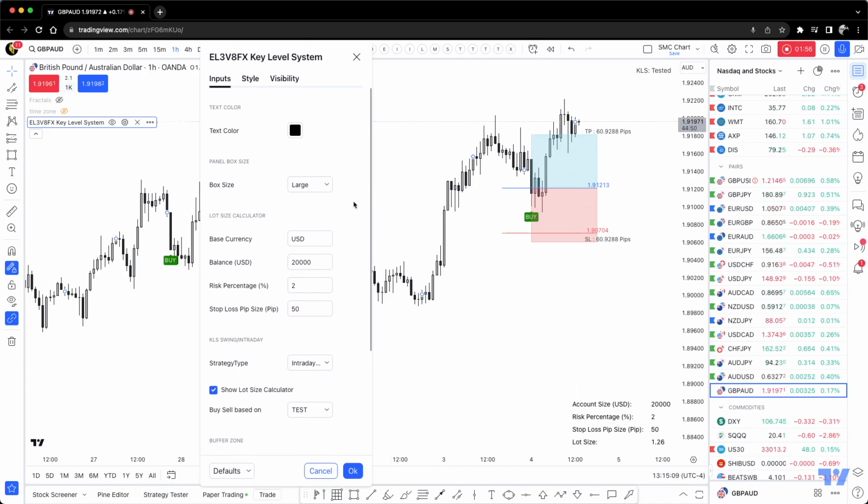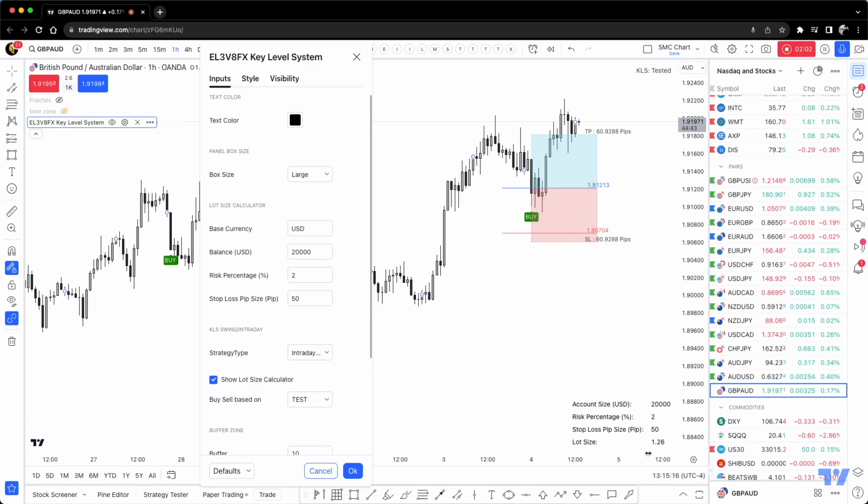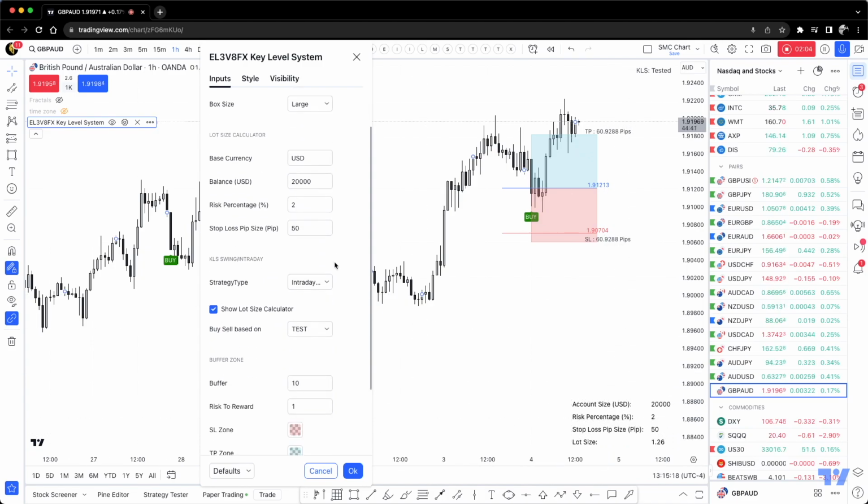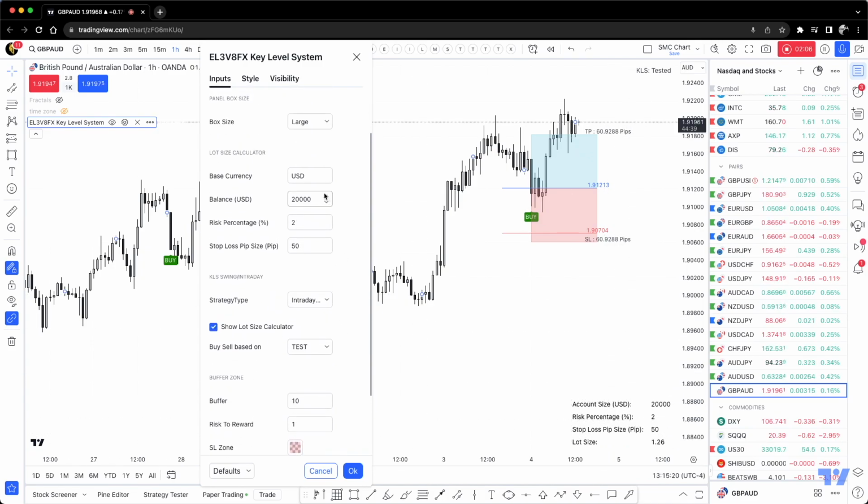Let me break down a couple of things first before I jump in on how this thing works and how you can use it. Let's start with the lot size calculator. Let's say you are on a funded account, say a $50,000 account. You select the maximum risk, let's say you want to risk only 1% per trade.